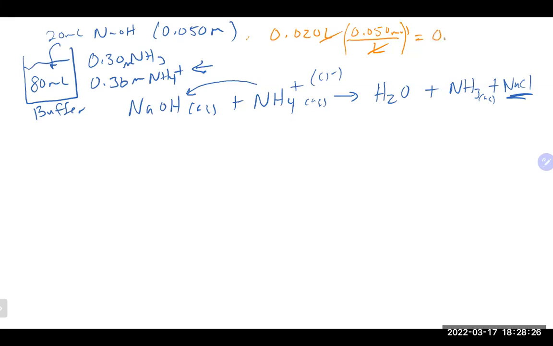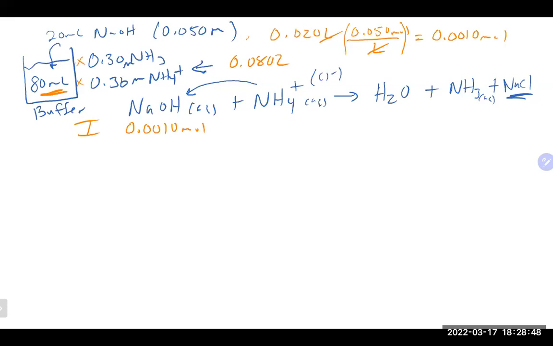And 0.001 mole here of our sodium hydroxide. We want to do the same thing for our buffer. So we're going to take 0.08 liters, which is our volume, and we're going to multiply it by both of these individually.